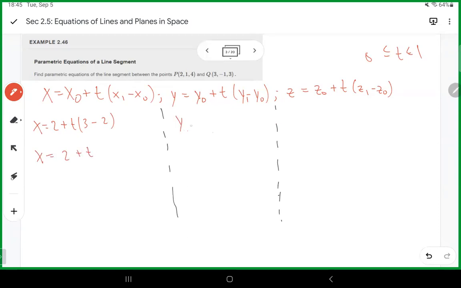Then y is equal to 1 plus t times (negative 1 minus 1). So y is equal to 1 minus 2t. And then z is equal to 4 plus t times (3 minus 4). So z is equal to 4 minus t. Okay. We didn't even need all that room.